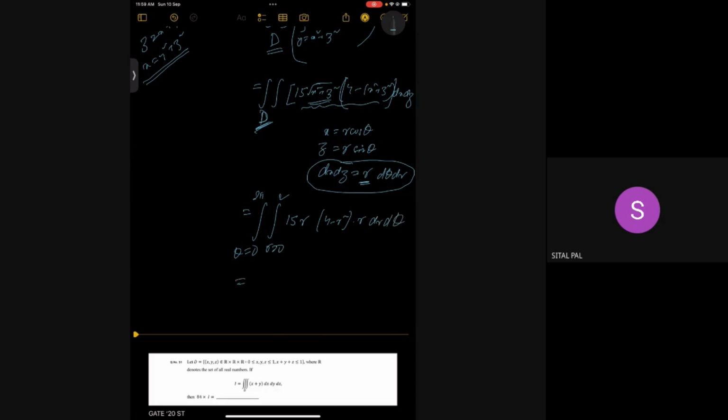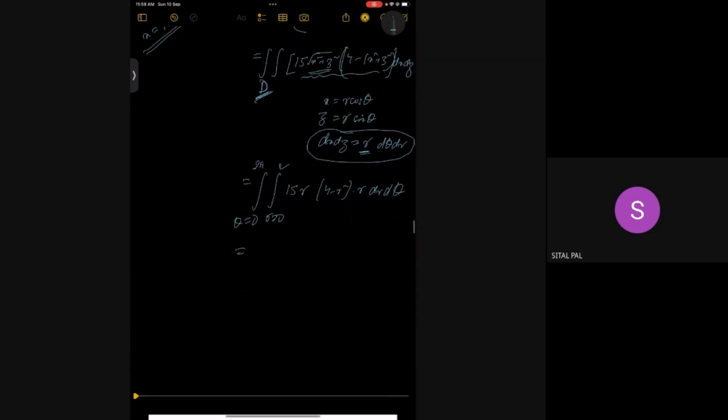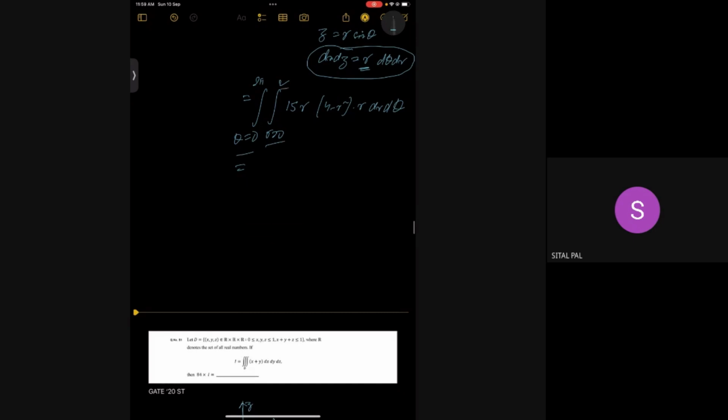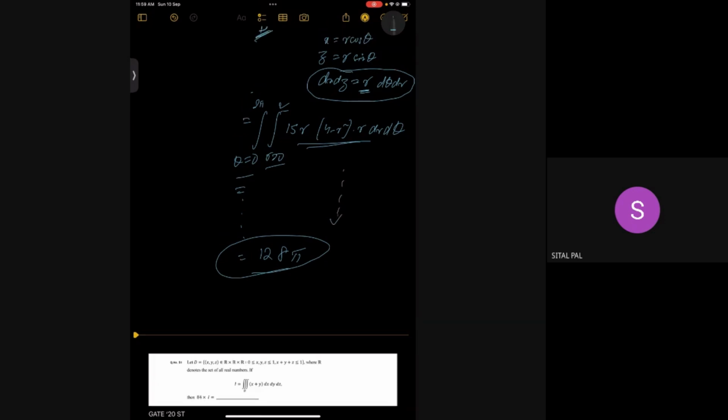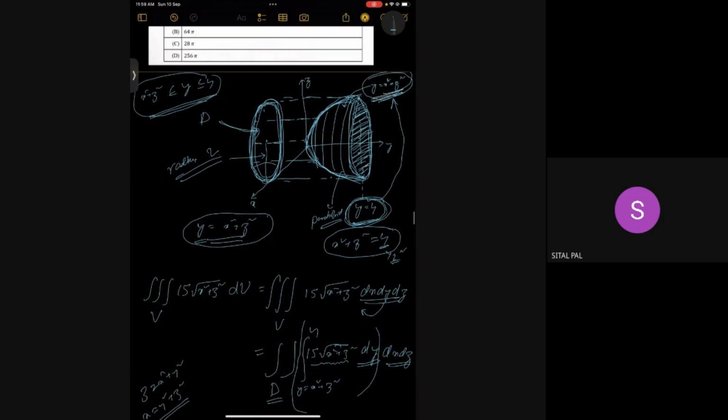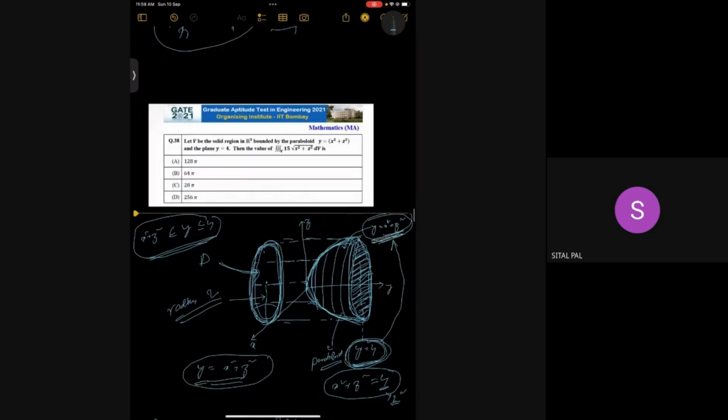This is a very simple double integral, because all the limits are constants, and this is only a function of r. You'll get the answer to be 128 pi at last. I've done the computation because I was asked to prepare for the session, so I urge you to check that the answer is 128 by pi, which is nothing but option A.